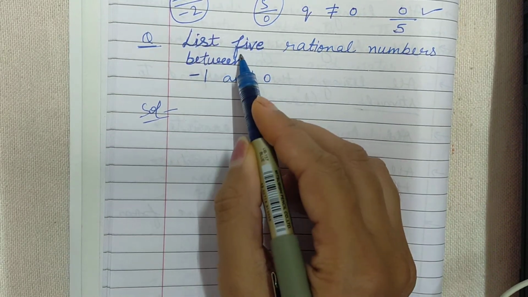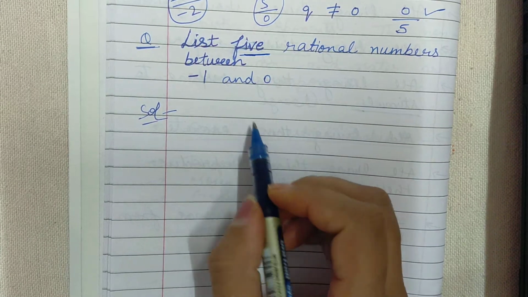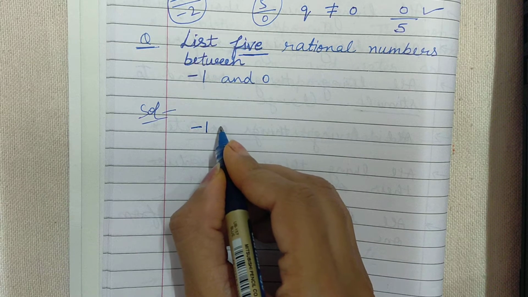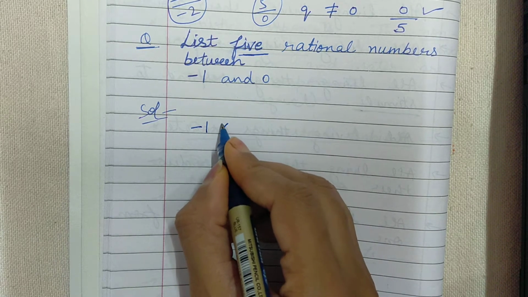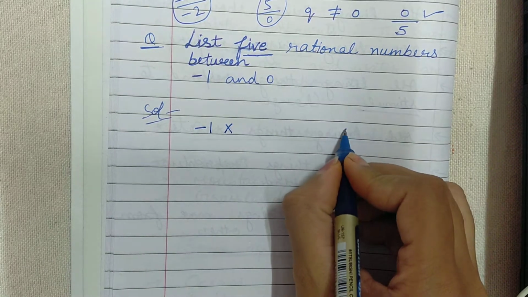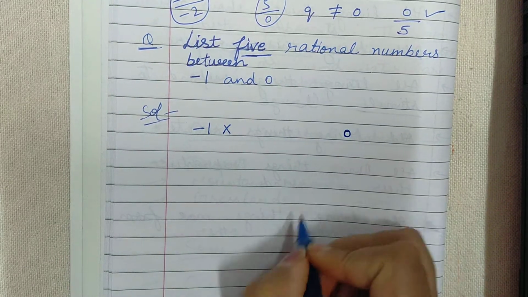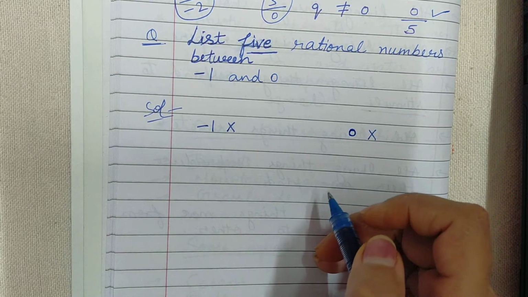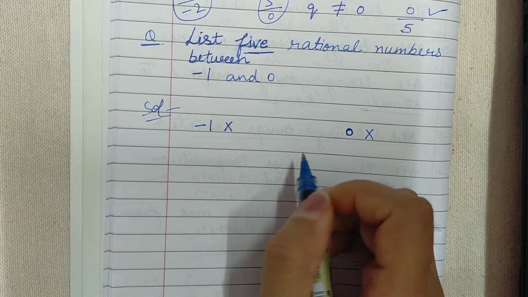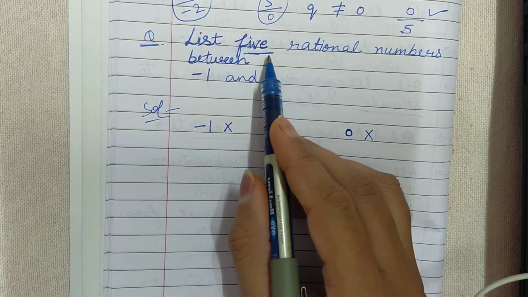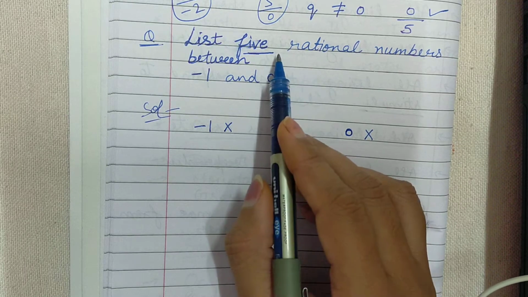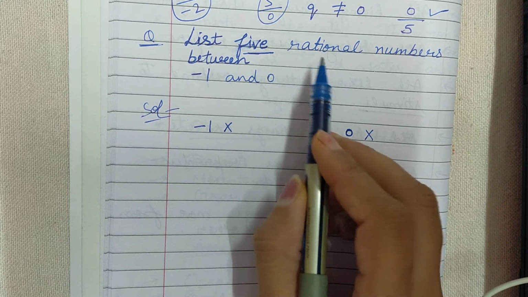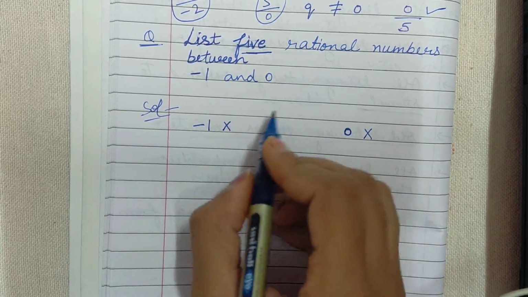See, we have to find 5 rational numbers. So we will multiply and divide minus 1 by a number, हम इसको एक नंबर से मल्टीप्लाई और डिवाइड करने वाले हैं, and 0 also with the same number. But which number will we use? It can be any number. आप किसी भी नंबर से कर सकते हो, but if you have to find 5 rational numbers, it is better to take more than 5. Take a number which is greater than 5. Suppose I take 6.